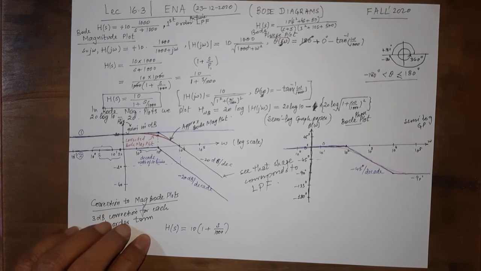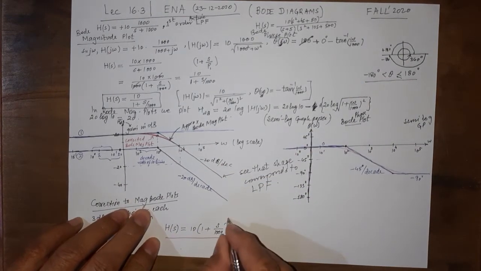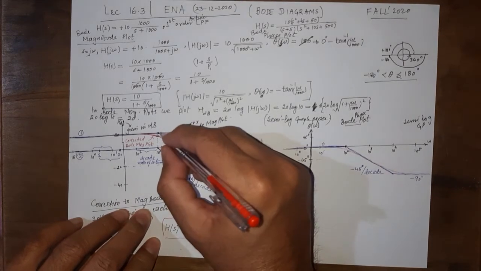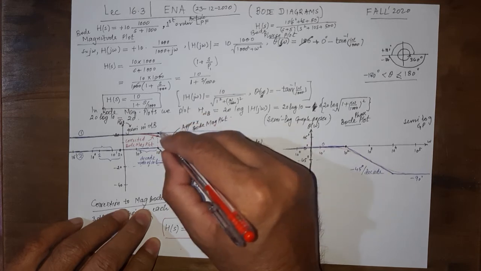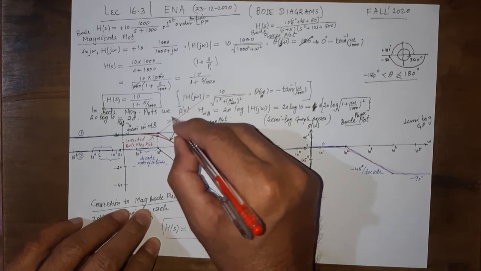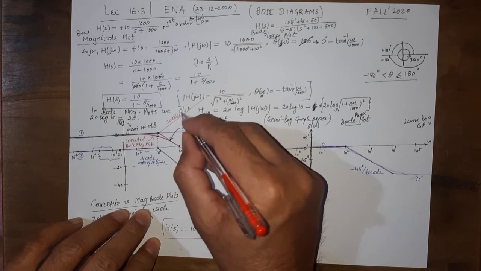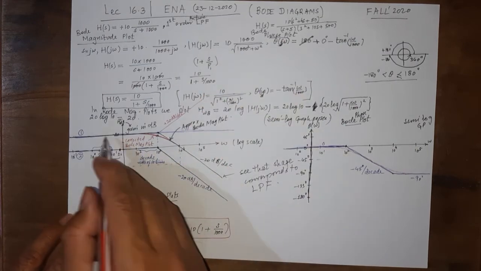So let me now plot this with the red one. The red lines correspond to this. We will take an upward slope of 20 dB per decade, plus 20 dB, because this is in the numerator.